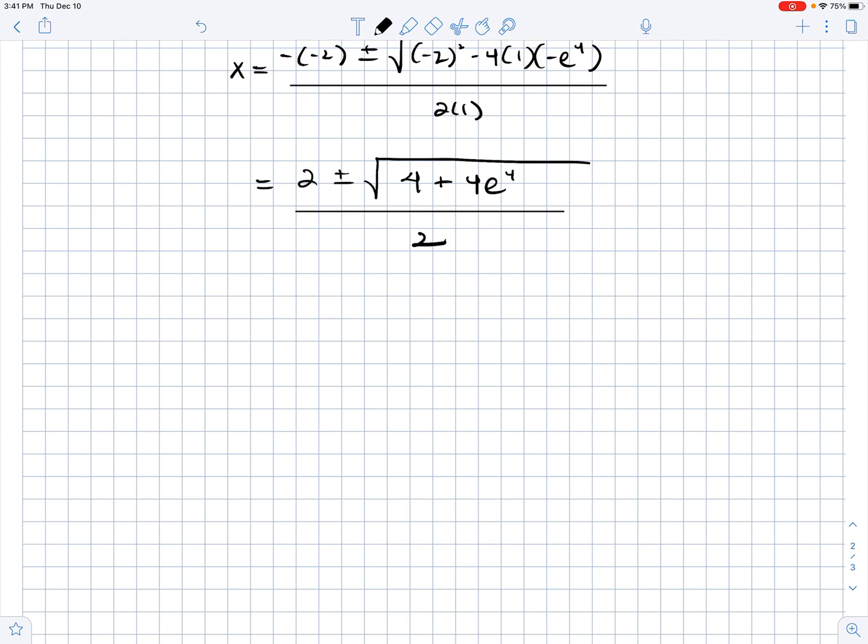This would represent both exact values. We're also going to have to check for extraneous solutions, but this could be simplified a little bit more. I'm seeing the common factor of 4 underneath the radical, so I'm going to think about factoring that 4 out.